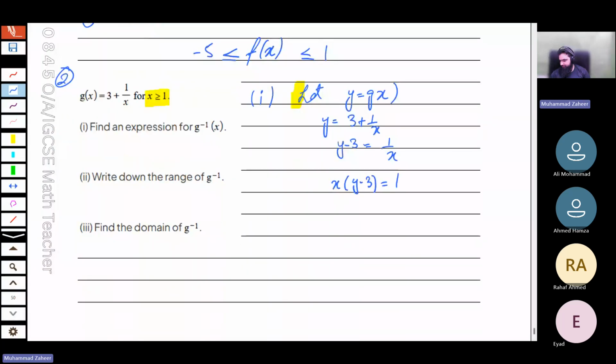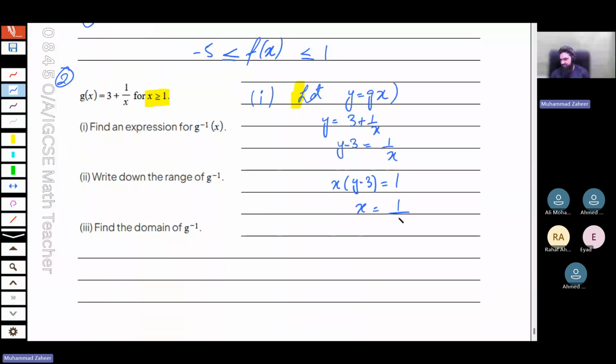Now y minus 3 is multiplying, on the other side it will be divided. So I write y instead of g of x, and then I make x the subject. So I get x equals 1 divided by y minus 3. Now replace the values: x will become g inverse of x and y will be replaced with x.